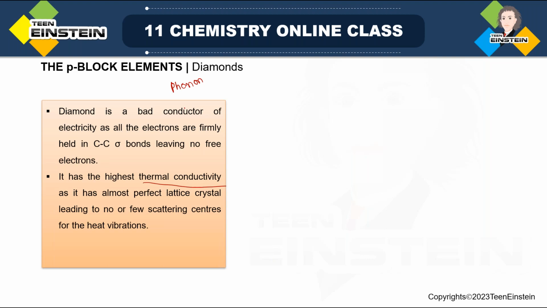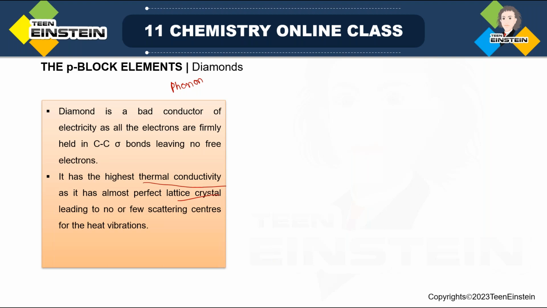Phonon is just like a photon, but a photon is an electromagnetic energy packet, whereas a phonon is basically an energy packet of the vibrational lattice of atoms. It is different, and thermal conductivity is directly related to this phonon. And if the compound for which we are talking about thermal conductivity has a very tight structure, I mean to say, though it is not an ionic type of lattice crystal structure, but it has a very highly extended network type of structure.